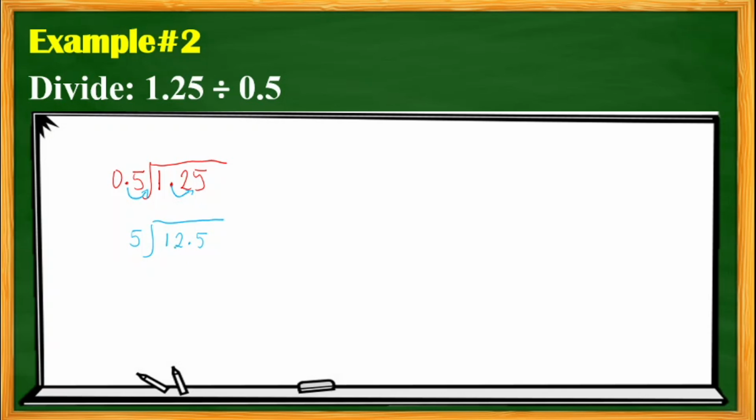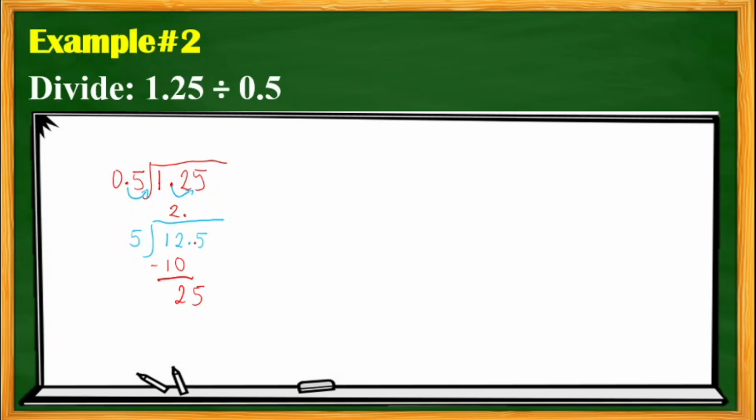Now let's divide. 12 divided by 5, the answer would be 2. 2 times 5 is 10. Subtract: 12 minus 10 is 2. Then bring down 5. If you bring down the decimal numbers, always write the decimal point.